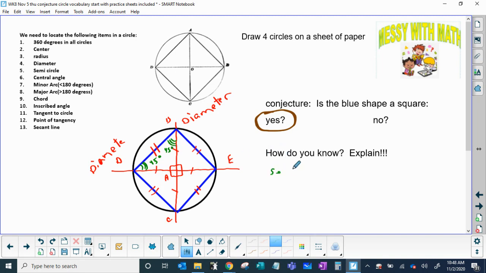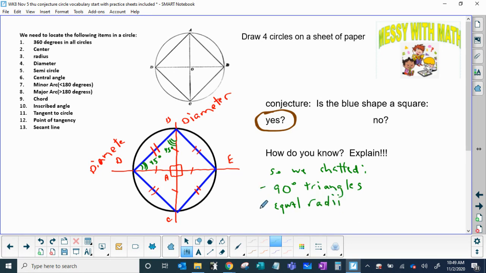So we chatted. We decided 90-degree triangles. We agreed with equal radii.